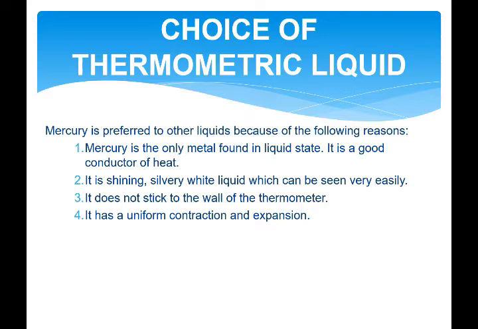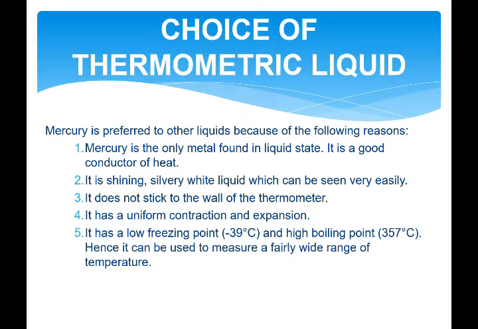It has a uniform contraction and expansion. It has a low freezing point around minus 39 degrees Celsius and a high boiling point of 357 degrees Celsius. Hence, it can be used to measure a wide range of temperature. It can easily be obtained in pure form.